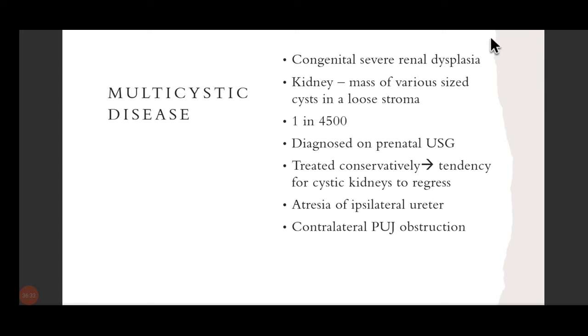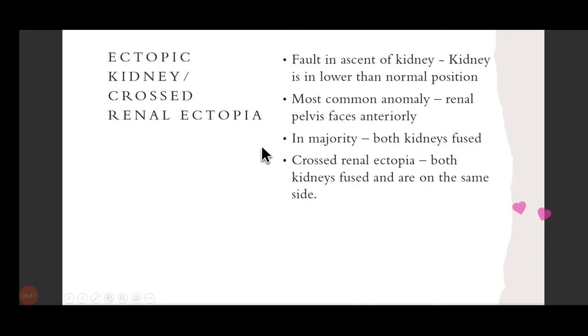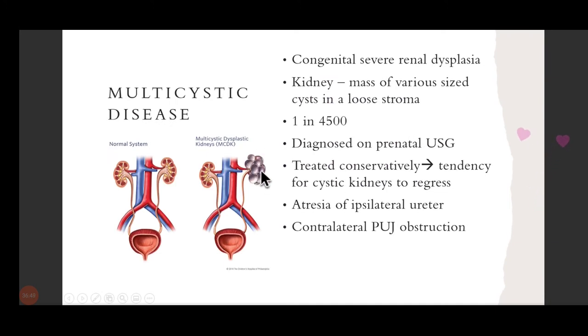However, these days we follow a conservative approach. There is usually atresia of the ipsilateral ureter and a contralateral UPJ obstruction. So this is how a multicystic kidney looks compared to the normal counterpart.